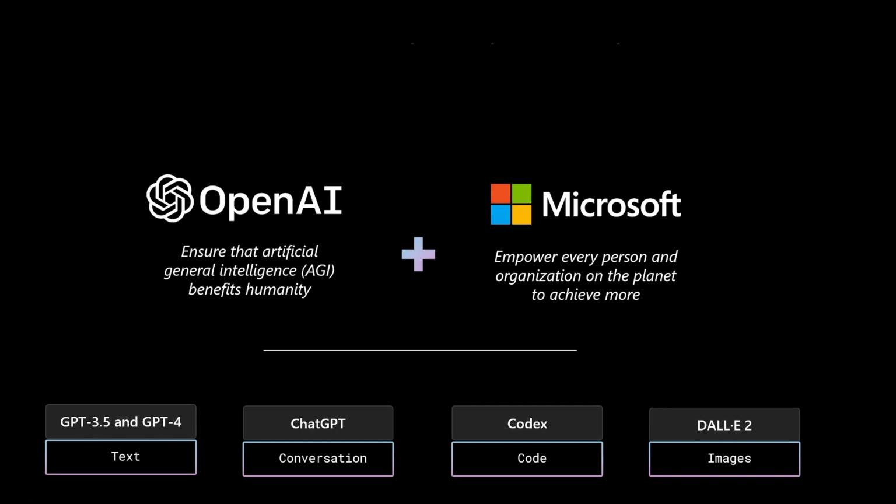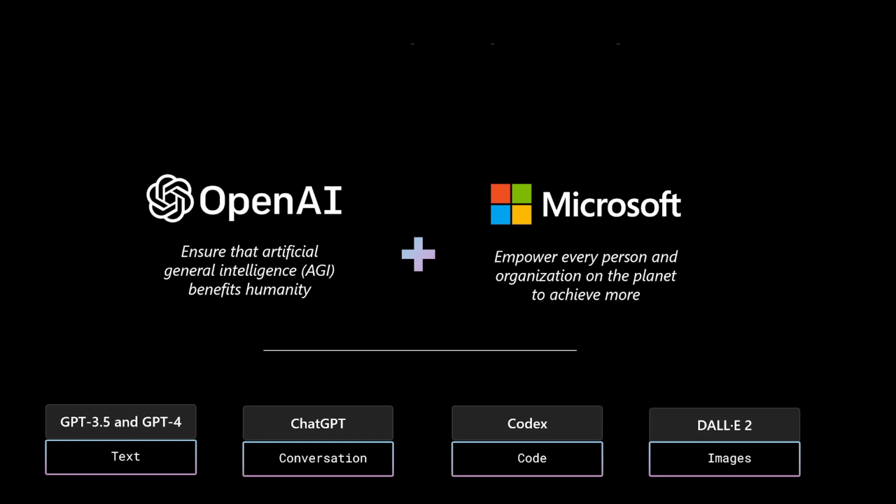Within the OpenAI stack of models, there are four major categories. The first one is the text-based models, which are GPT 3.5 and GPT 4. Then you have ChatGPT, which can be powered by either GPT 3.5 or GPT 4, and it's tuned for more of a natural conversation.